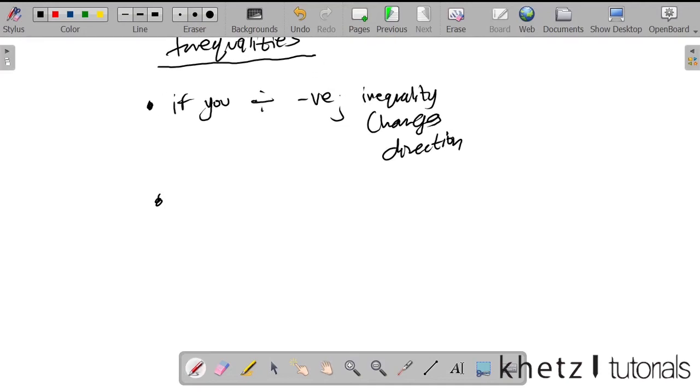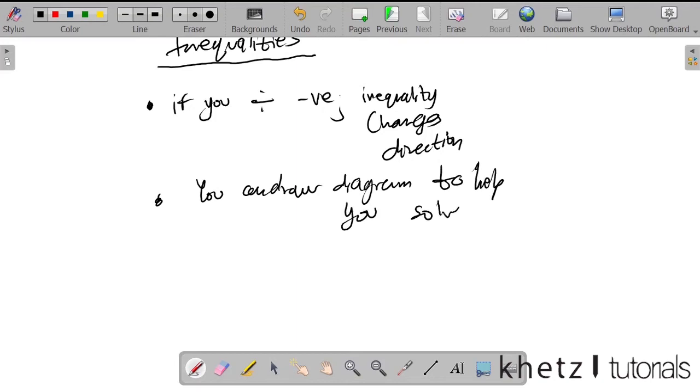And secondly, we can say that you can draw diagrams to help you solve these problems.